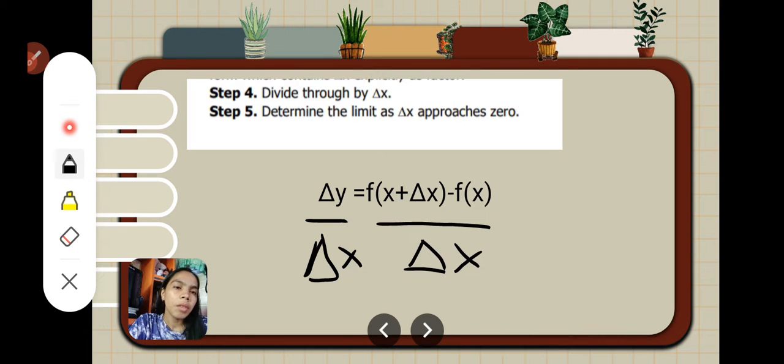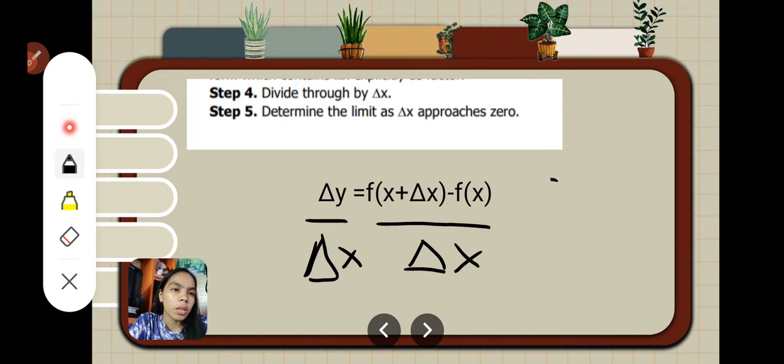And for the fifth step, we will be determining the limit as delta x approaches 0. We will find the limit of the equation when delta x approaches 0.